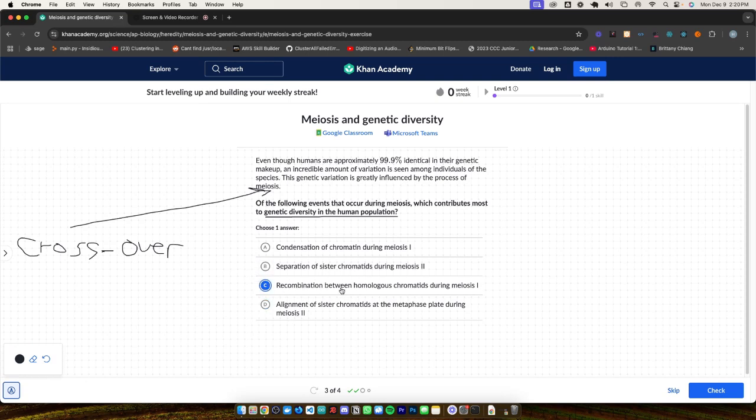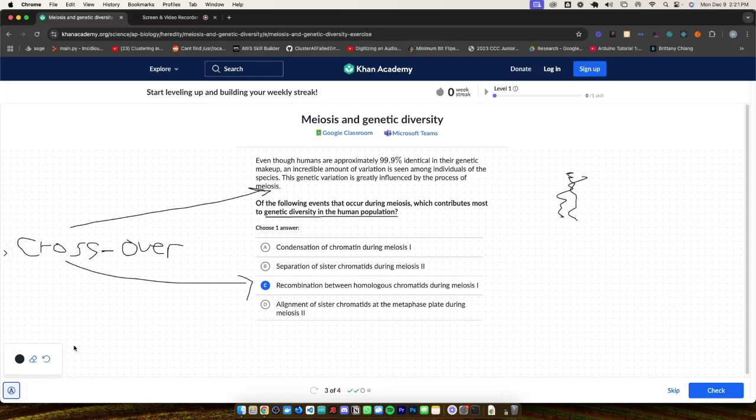Now, recombination between homologous chromatids during meiosis 1 is actually referencing chromosomal crossover. Sorry, chromosomal, not chemical. So this is just another way of saying chromosomal crossover, right? The recombination is talking about how, in the homologous pairs of the chromatids, so you have your chromosomes, right?